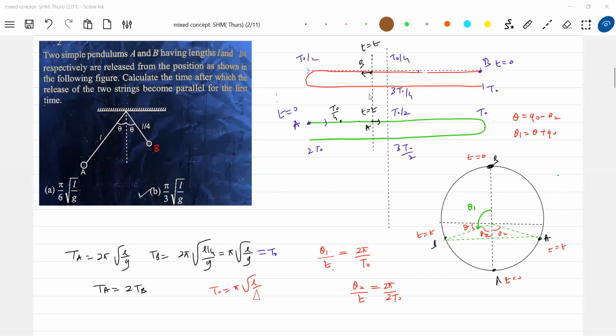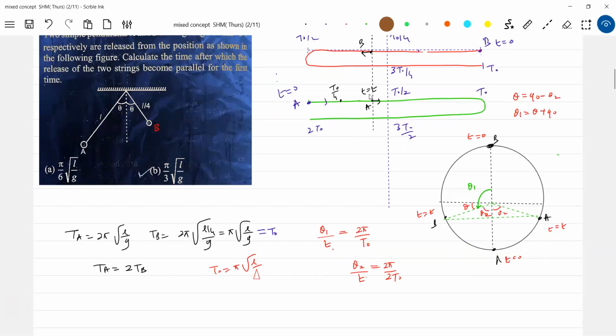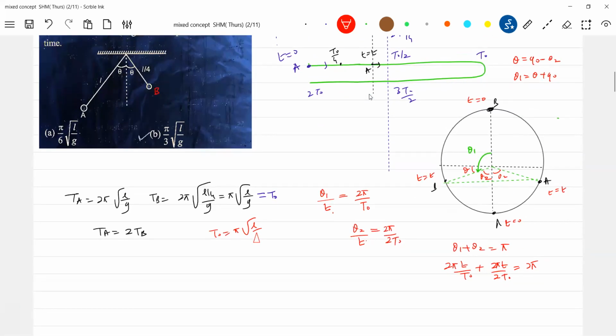T naught by 3. I think the best thing is theta 1 plus theta 2, which we can write all together. Theta 1 plus theta 2 should be 180, which should be pi. So theta 1, you write it as 2 pi t by T naught. This will be 2 pi t by 2 T naught. 2 pi gets cancelled. So this will become 3t by 2 T naught equal to 1.